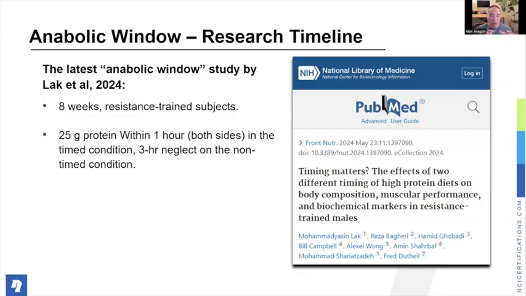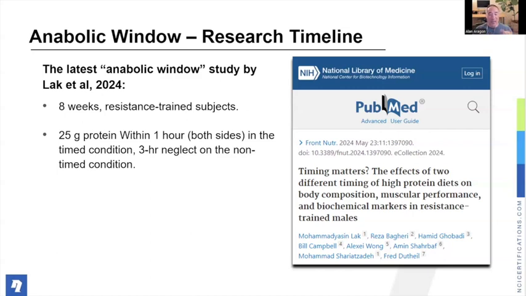So that was one condition. And then the other group consumed protein outside of 3 hours on both sides, so a 3-hour period of protein neglect on both sides of the training bout. So they were way out of the anabolic window, way far off from the anabolic window.